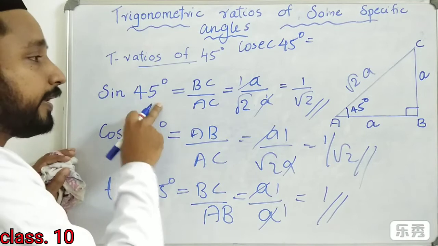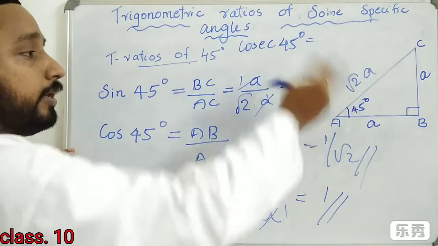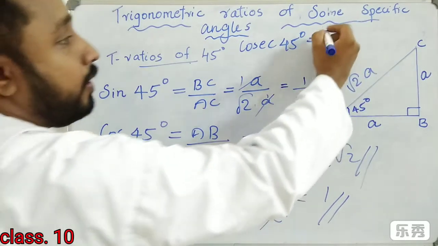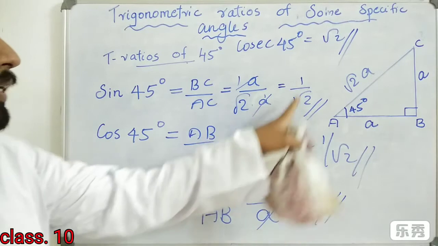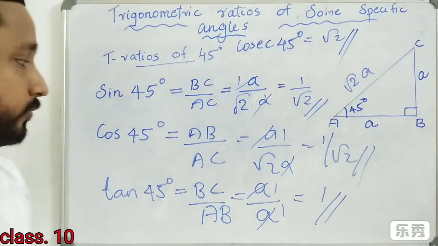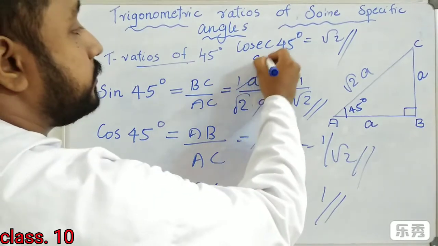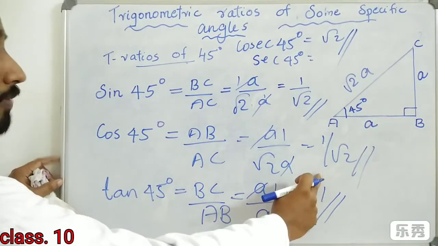Sin 45 degrees is equal to 1 by root 2. Therefore cosec 45 is equal to the reverse, that is root 2 by 1, or simply root 2. So the reverse of sin is cosec. 1 by root 2 means root 2 by 1. So the answer is root 2. Sec 45 degrees is equal to, cos 45 is 1 by root 2.